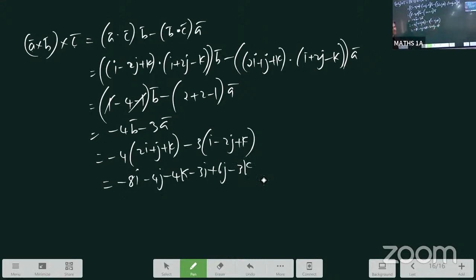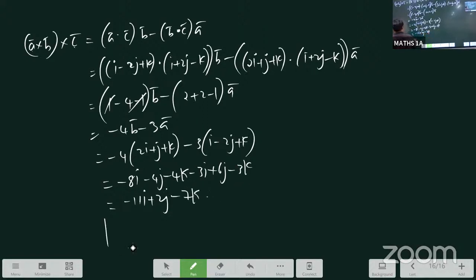Just open the brackets and multiply, right? Now corresponding i, j, k coefficients must be subtracted. That is minus 11i plus 2j minus 7k.